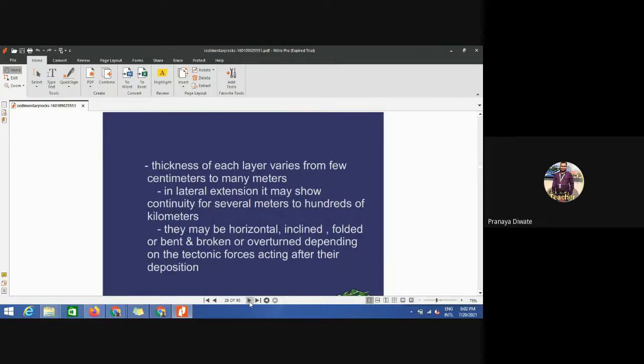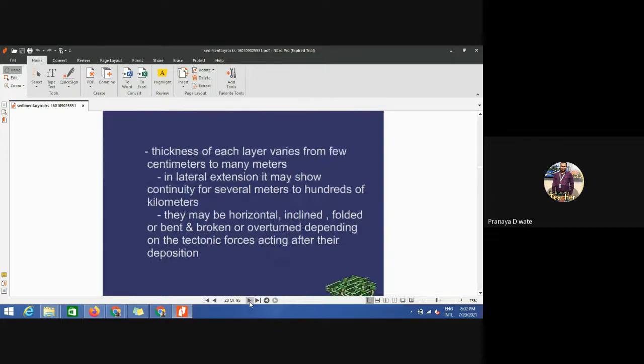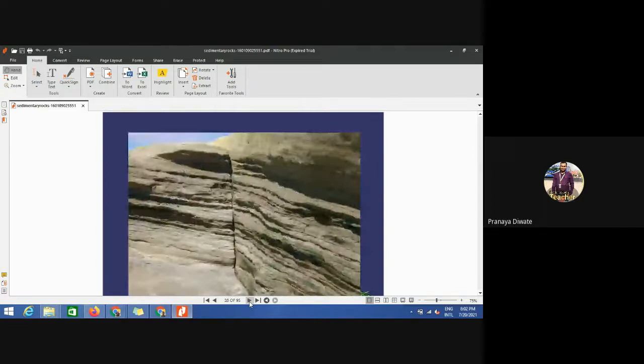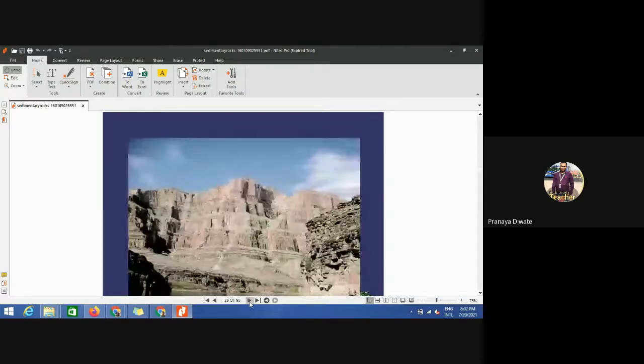They may be horizontal, inclined, folded, or bent and broken or overturned, depending on the tectonic forces acting after their deposition. This is how a picture of sedimentary rock looks.